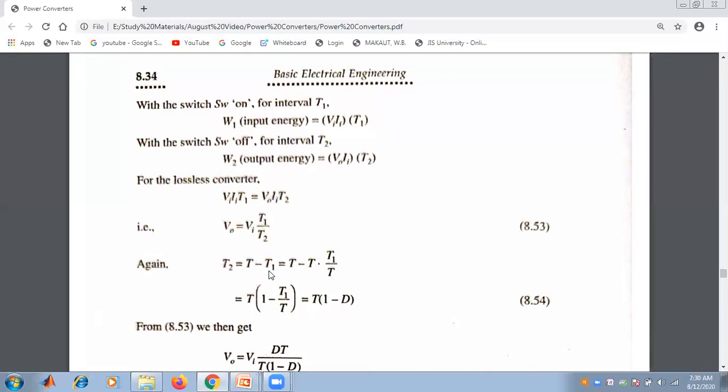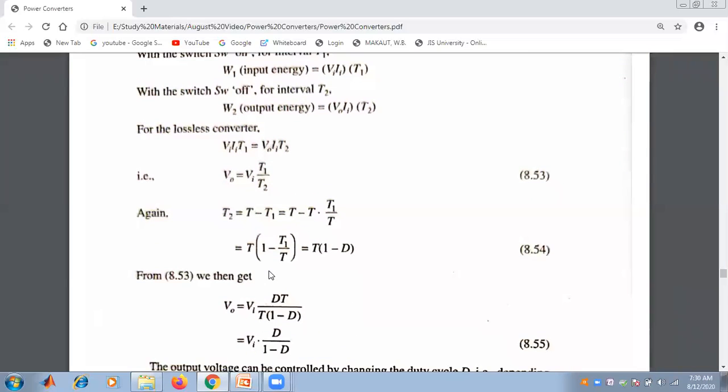So we can write it in the form T minus T1, and if I take the T common, we get 1 minus T1 by T.